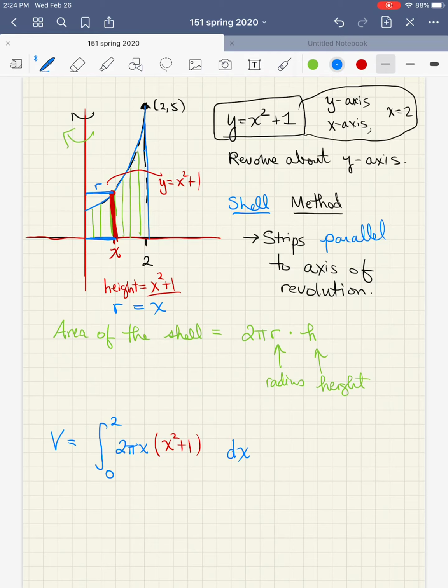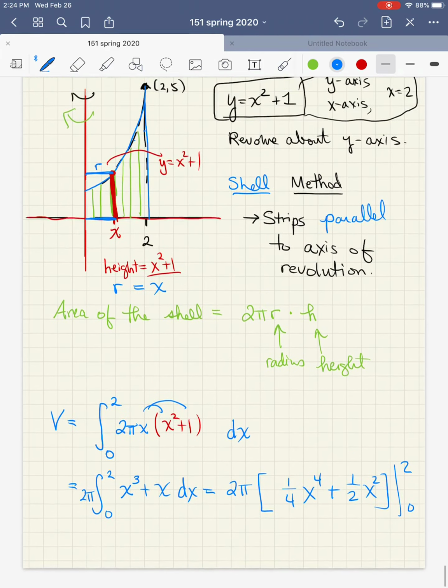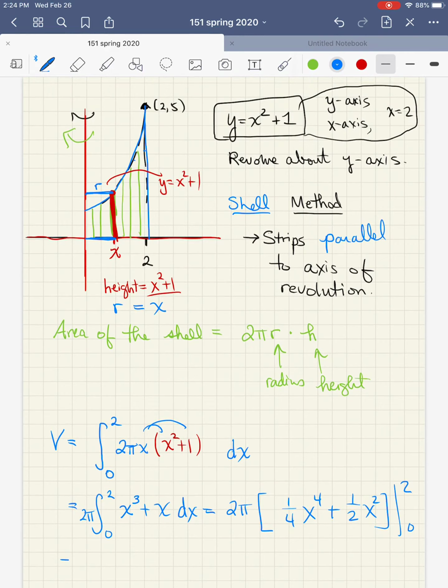So now we do the integration. I can pull the 2 pi out. I get the integral from 0 to 2 of x cubed plus x. I did a distributive property there. And now I'm going to get 2 pi times 1/4 x to the 4th plus 1/2 x squared, evaluated from 0 to 2.